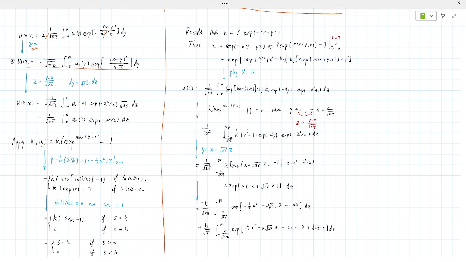To make it even prettier, we transform y minus x over square root tau to z, and thus dy equals, plugging this back in here, square root 2 tau dz. That's pretty trivial. You can just do the derivative on both sides and you'll see what happens.